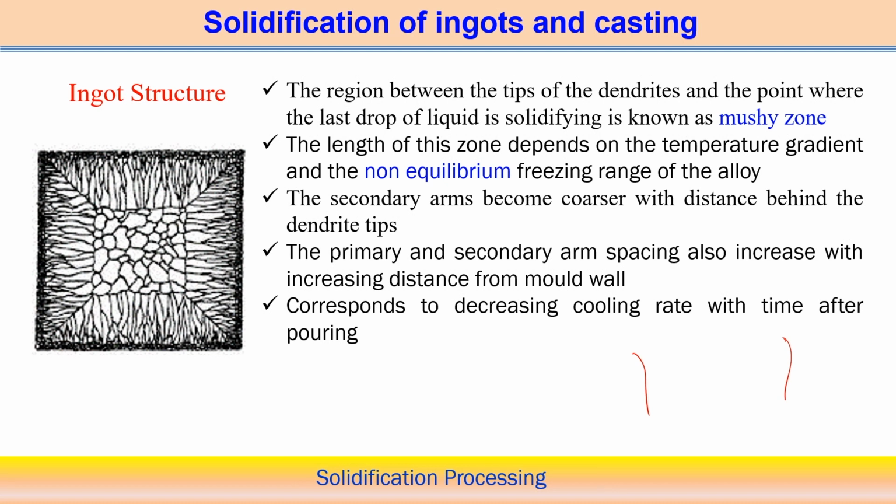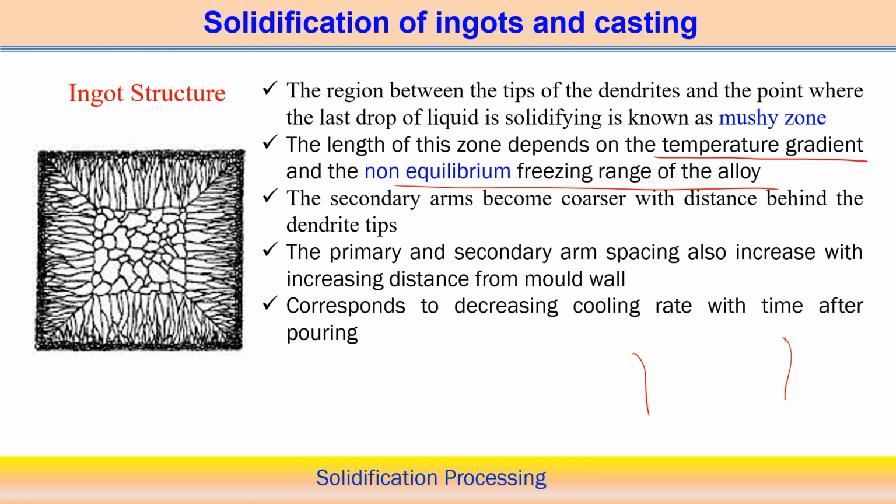Definitely the length of this zone depends on the temperature gradient, which we have already shown in solidification. When we try to understand constitutional supercooling, we always look at the temperature gradient ahead of the solid liquid interface. That is one parameter, and at the same time it depends on the non-equilibrium freezing range of the alloy.